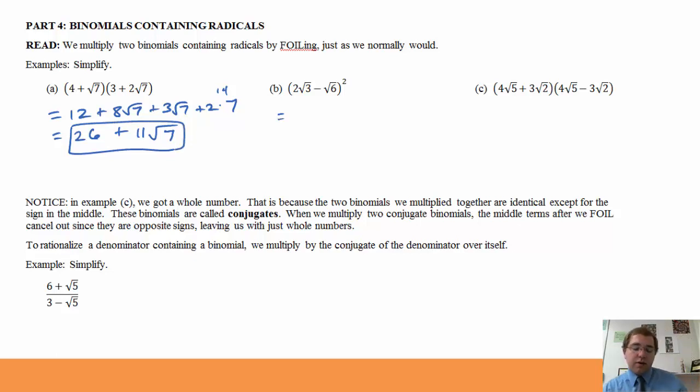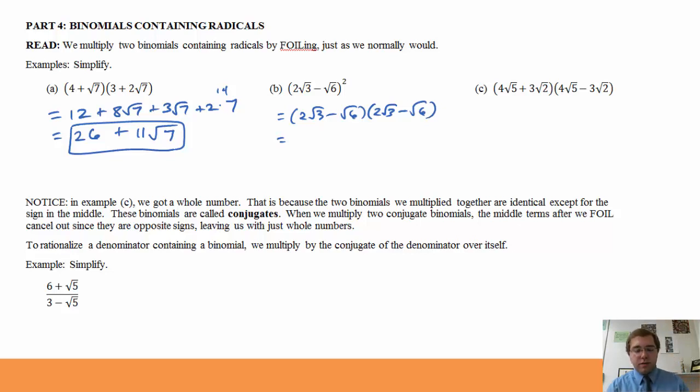Example B, 2 radical 3 minus radical 6, quantity squared. Does that mean I can take 2 radical 3 squared minus radical 6 squared? No, because squaring something is multiplying it by itself. So I need to multiply this binomial by itself and FOIL.